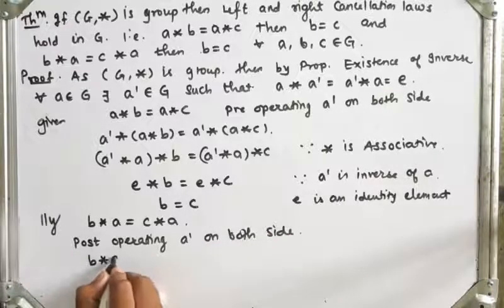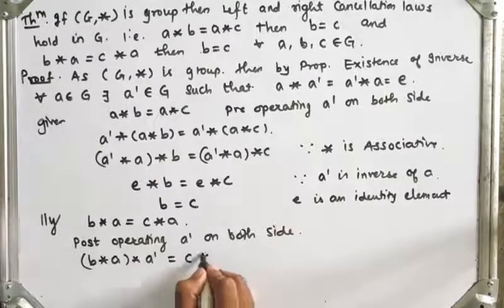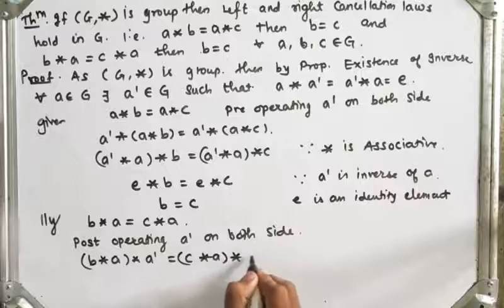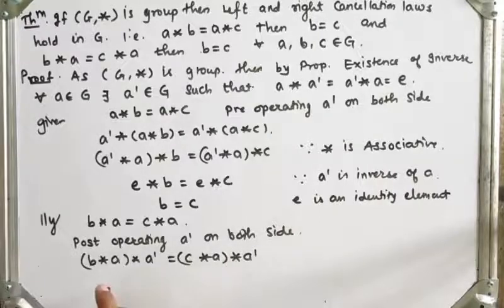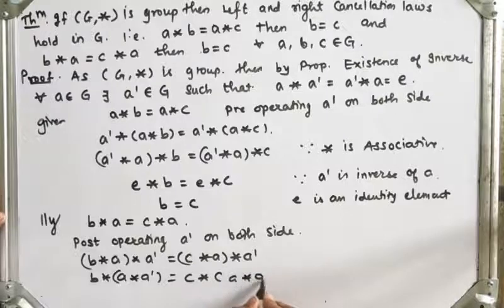B star A star A dash is equal to C star A star A dash.